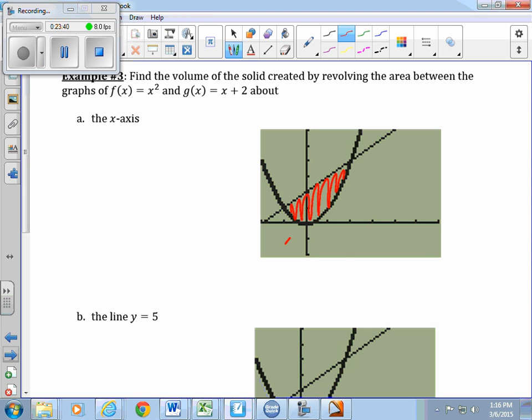Does everyone see that? Like a tower? Like a cone with the bottom cut off.